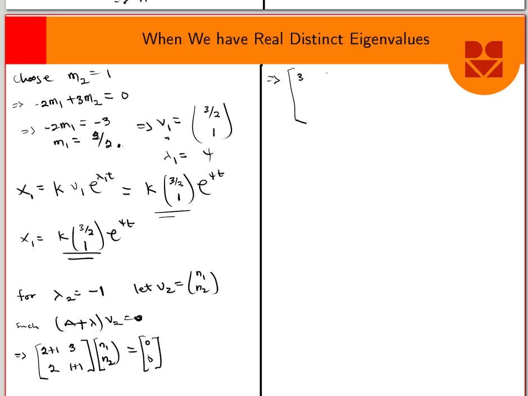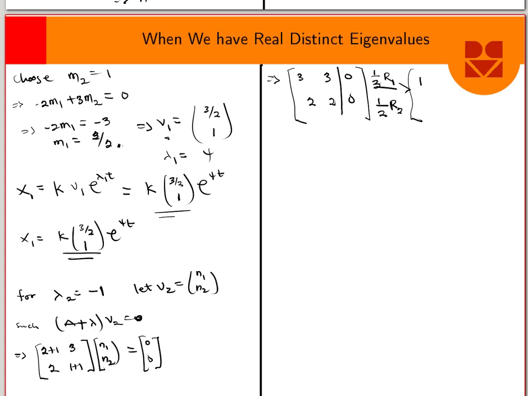So this implies that we would have 3 here, 3 here, 2 here, 2 here. This is quite simple. So writing it in augmented matrix form, straightforward, with 0, 0 here. We can simplify this by dividing row 1 by 3 and row 2 by 2.